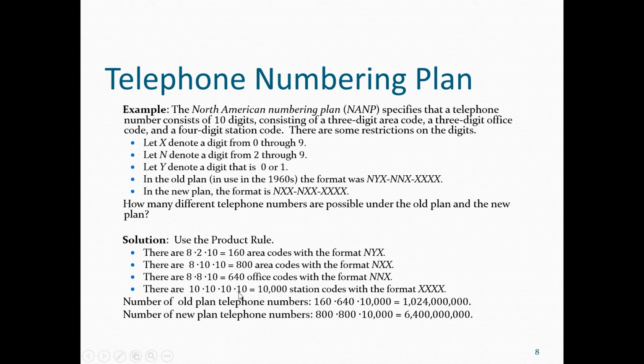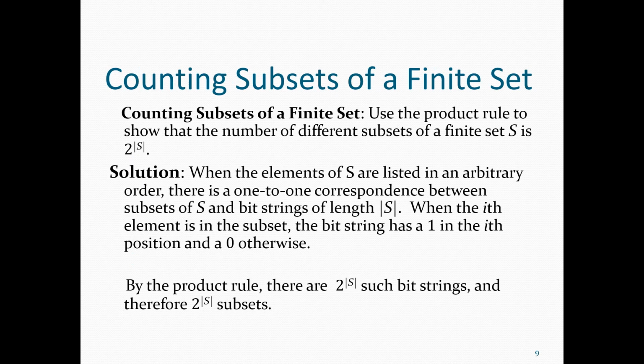So we have 10 to the power 4, that is 10,000 ways. So for the old plan and the new plan, we just multiply all these values we have derived to get the possible telephone numbers.